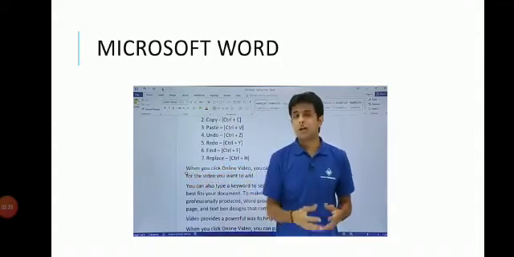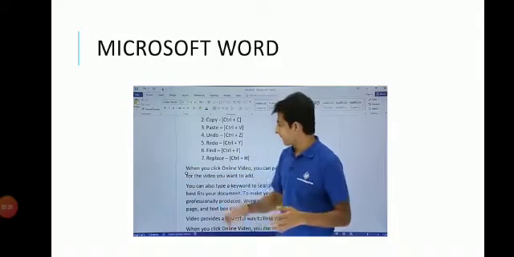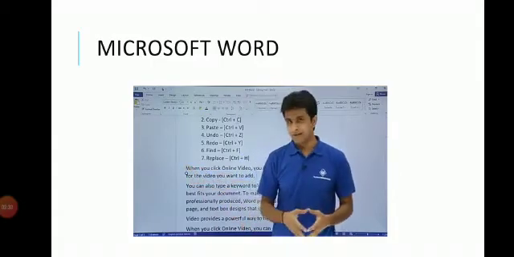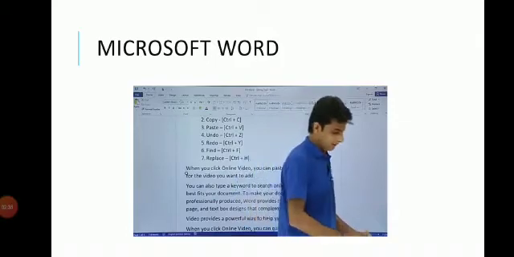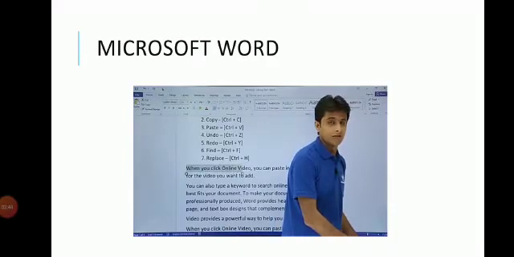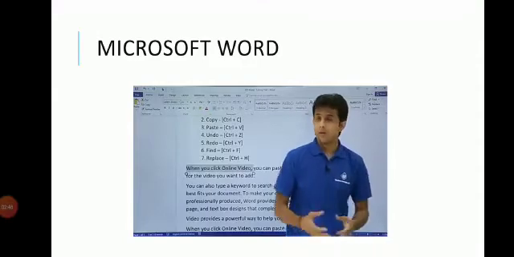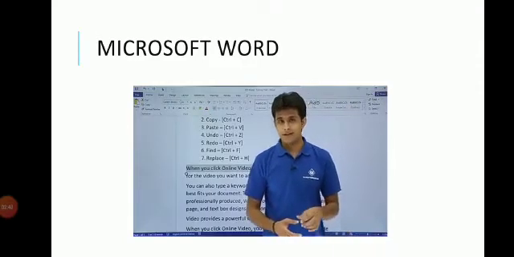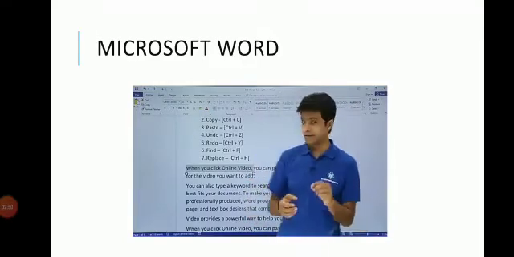If you do not have a mouse, how do you select the text? Keep your cursor at any place, and you can just use your arrow keys, pressing the Shift key on the keyboard and the right arrow key. Shift and right arrow key. The right arrow key will select one character at a time. But what if you want to select one word at a time?